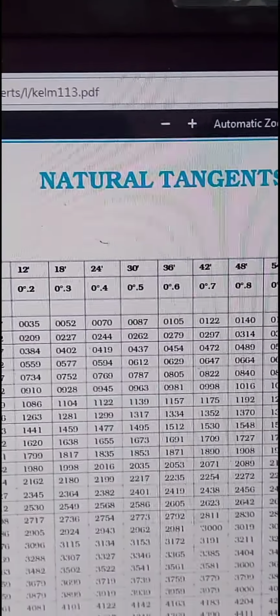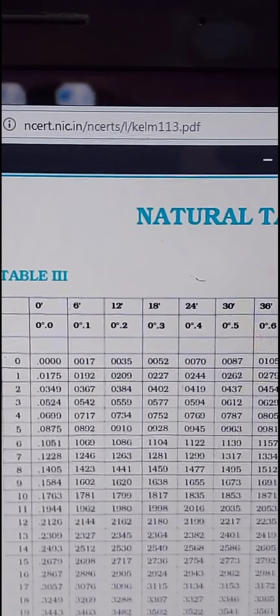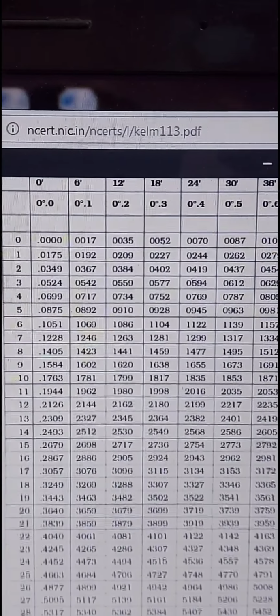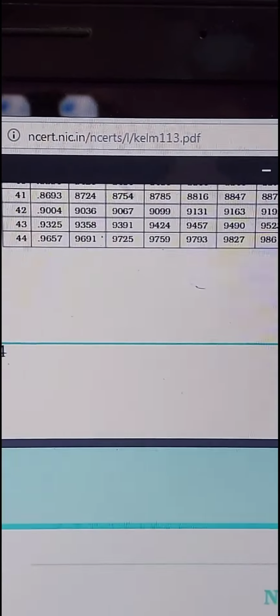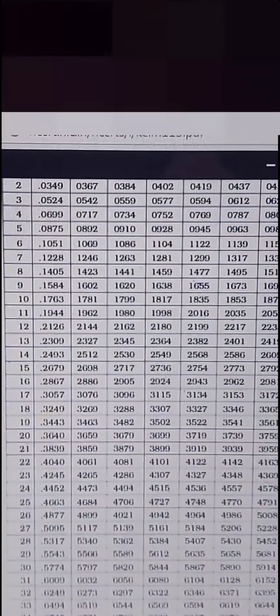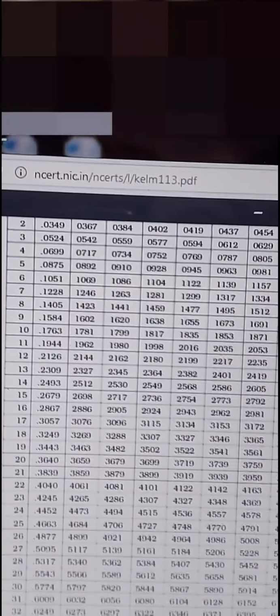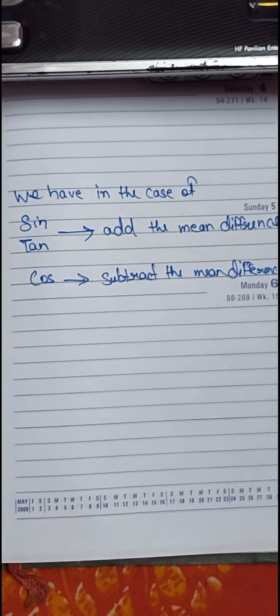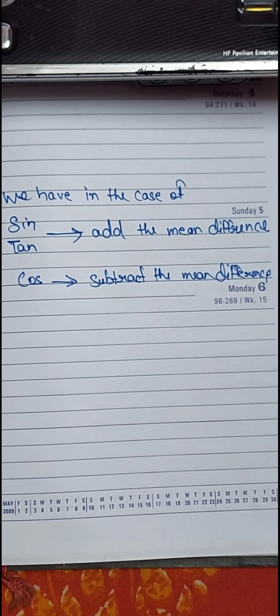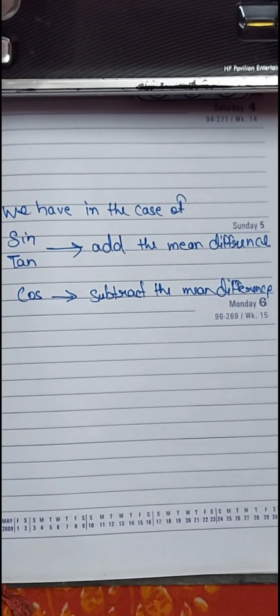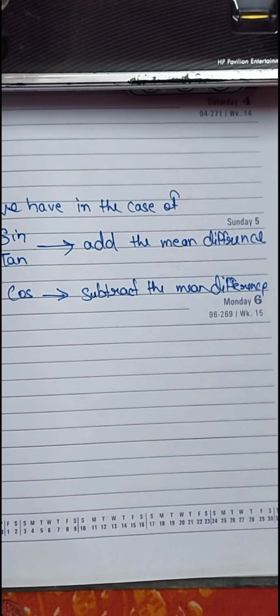In the case of tan, it is like sine, the value of tan increases from 0 to 90 degree. So tan 0 is 0, tan 30 is 1 by root 3, tan 45 is 1, then root 3, then infinity. It increases from 0 to 90 degree. So in the case of sine and tan, add the mean difference, and in the case of cos, subtract the mean difference.